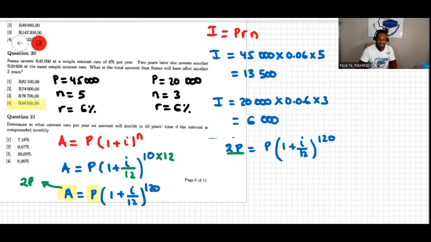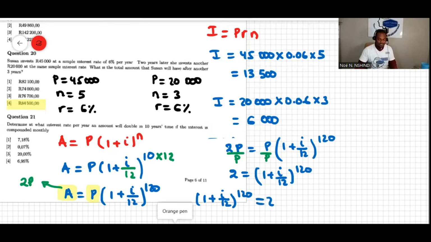If I divide by P, this will be equal to 2 equals 1 plus i over 12 to the power of 120. I prefer to write it as 1 plus i over 12 to the power of 120 equals 2. Now, the property says that if you have b to the x equals a, this implies that x equals log of a base b.